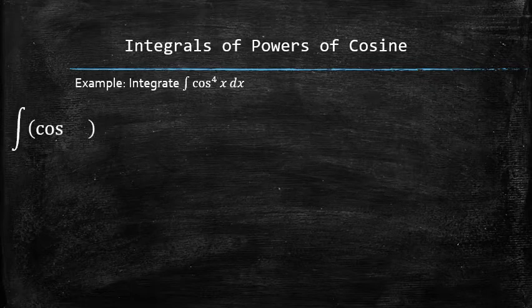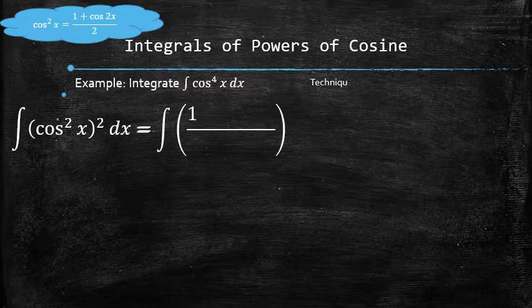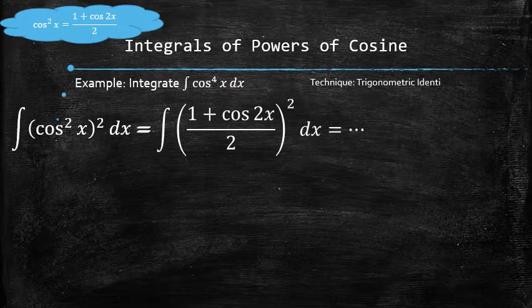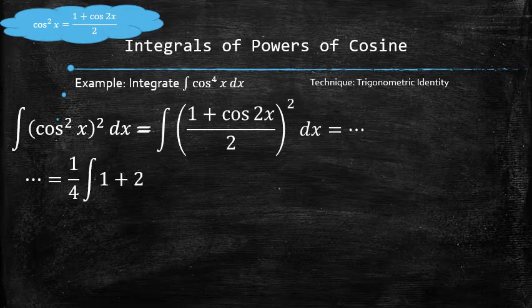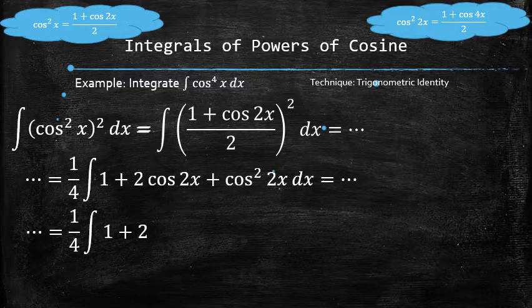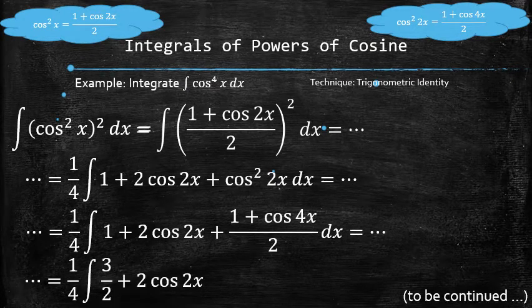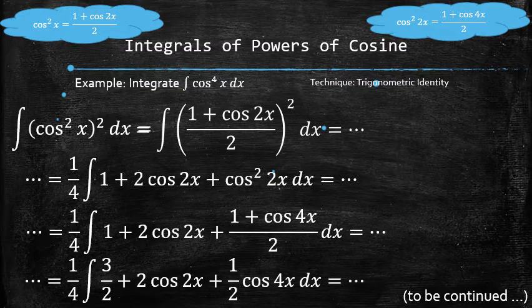We are going to rewrite the integrand using the properties of powers and then use a trigonometric identity to rewrite the cosine squared. We expand the square of the sum and use another trigonometric identity to reduce the power of cosine squared of 2x, and further rewrite the integrand in terms of cosine of multiples of x.